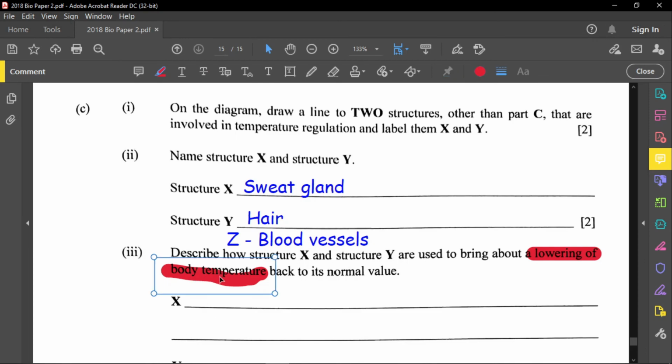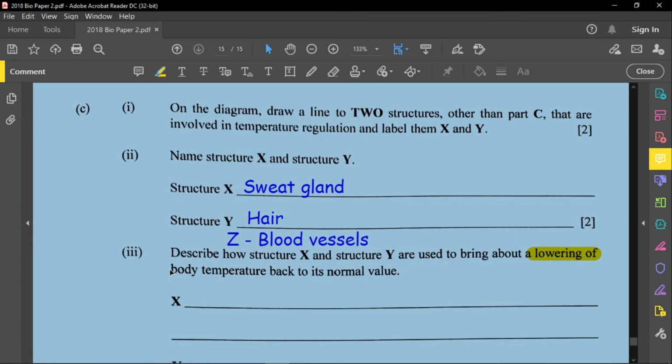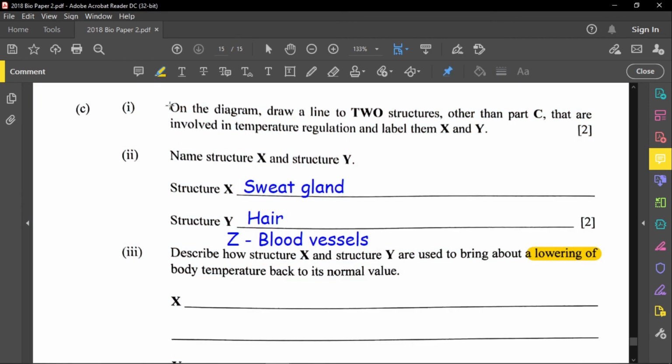It's not looking so nice, so I'll put this in yellow so it'll be easier for you to see. We're almost at the end anyhow. So how do we lower body temperatures? That's what I wanted to focus on: how these structures help in lowering our body temperatures.